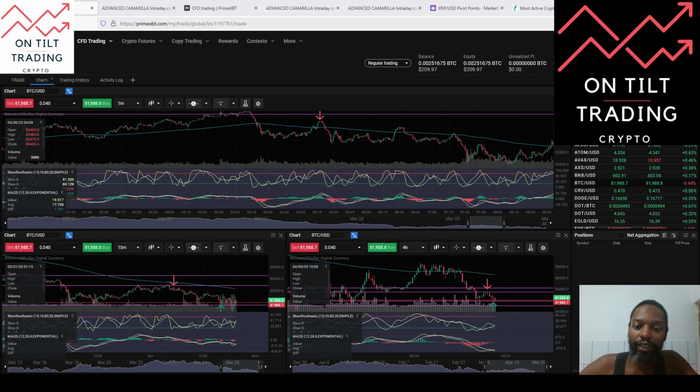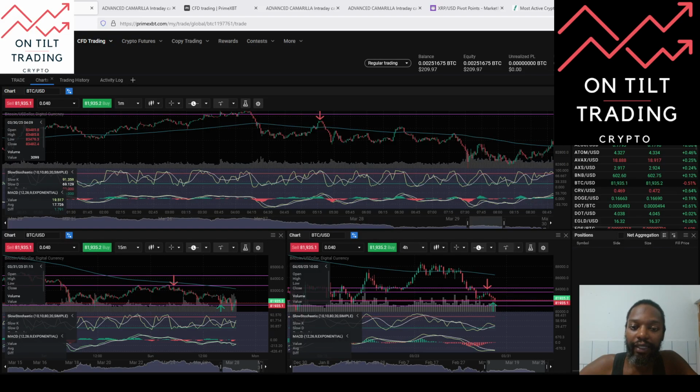So I like to see correlation here. This is the 200 exponential moving average. And price action is trading below it here on the 4-hour, below it here on the 15-minute, and below it here and here on the 1 minute.